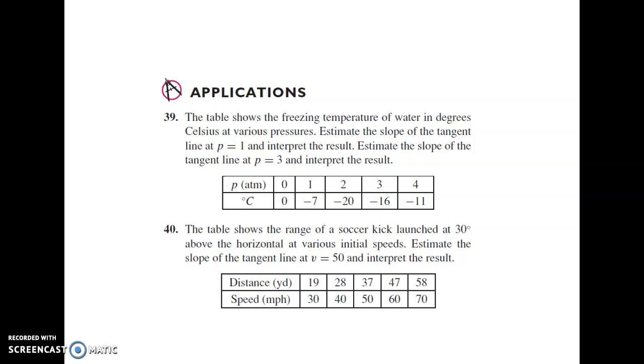Then here are some examples which are called applications. As I told you, application means we are using the concept of mathematics in some other subjects. And here you are given a table. Look at it. Estimate, that means find the slope of the tangent line at p equal to 1 and the slope of the tangent at p equal to 3.